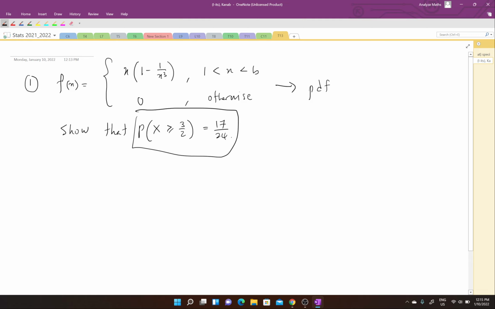This is the answer, but you have to compute and get this answer.